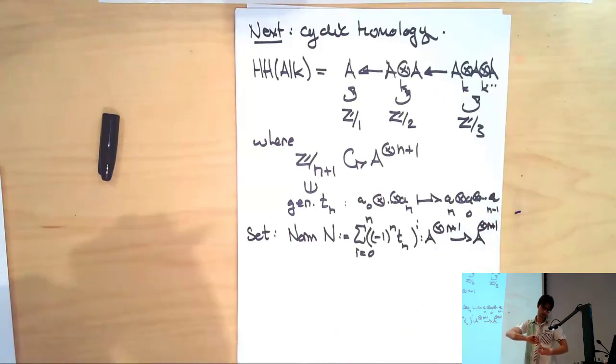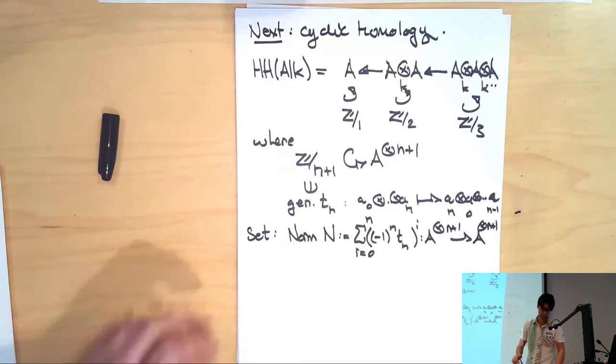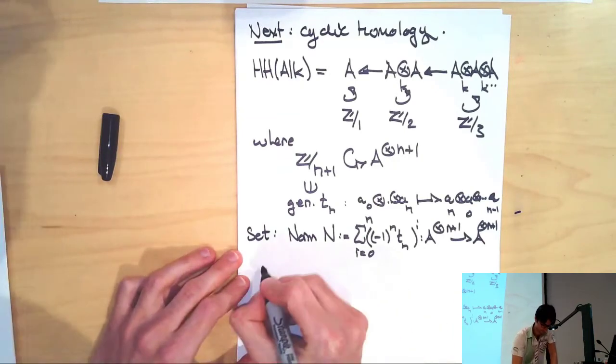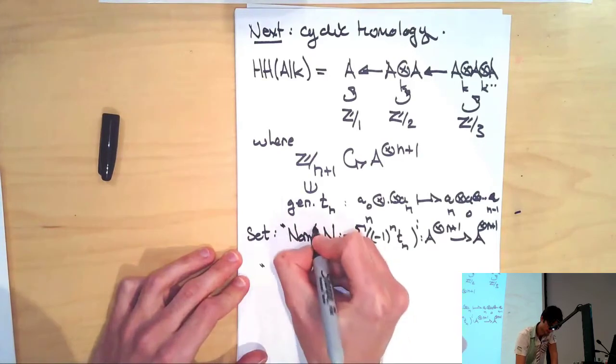So in fact what I do is I twist my action, possibly by a sign of minus 1, depending on whether I'm in even or odd degree. And then I really do take the norm, that is to say, add up the actions of all elements of the group. So that's the norm.